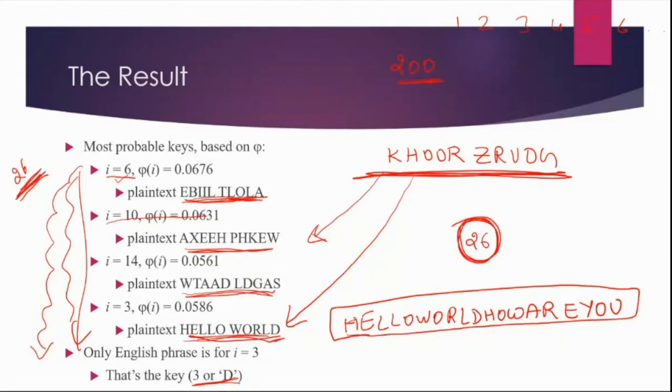In the worst case, you need 26 trials or 26 such iterations. That is true. In the best case, whatever is the highest probable value or highest correlation value, you will get it right. That will be the key. On an average, you have to do 13 iterations. So when we are doing statistical analysis, we are just trying to do better than our existing method.